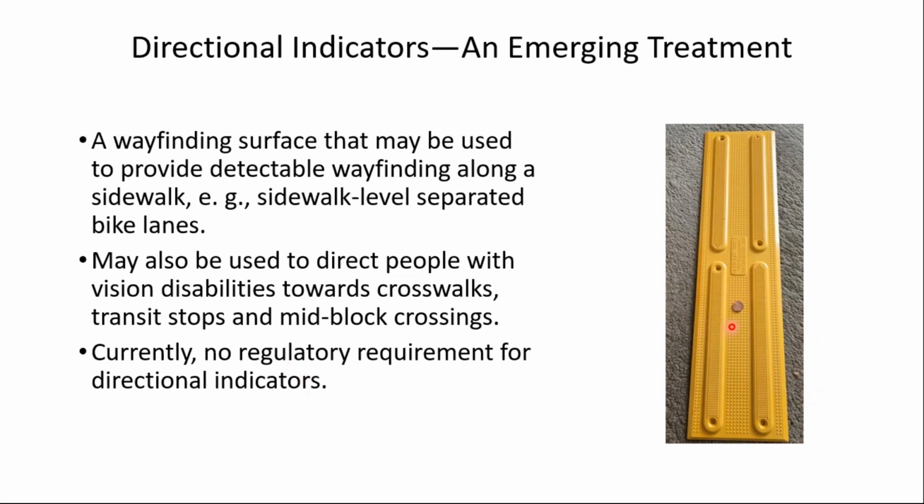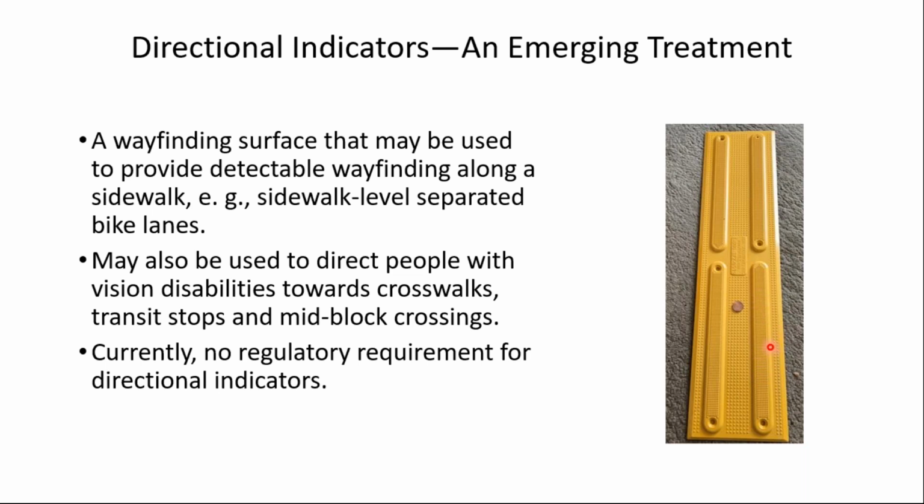I tried to put a penny in the photo, but it's hard to see. This would be one panel that could be attached to the pavement and could, for example, go many tens of feet or hundreds of feet to separate a bike facility from a sidewalk. So you can see it's a low linear raised surface.